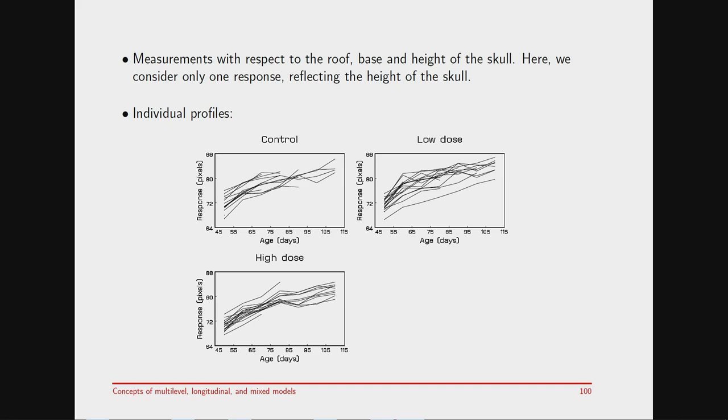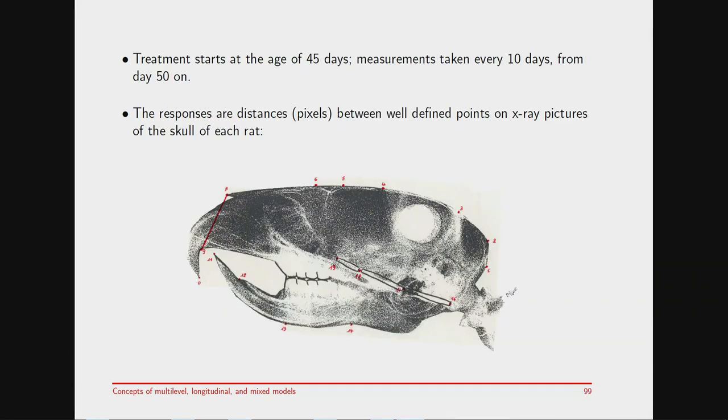What happens here is that, and again, I'm not a biologist, so I cannot tell whether that's correct, but I was told that in order to be able to take that X-ray picture, they need to anesthetize the animals. They need to inject a drug so that the animal falls asleep, and then they can take that X-ray picture, and apparently that's very, very difficult.